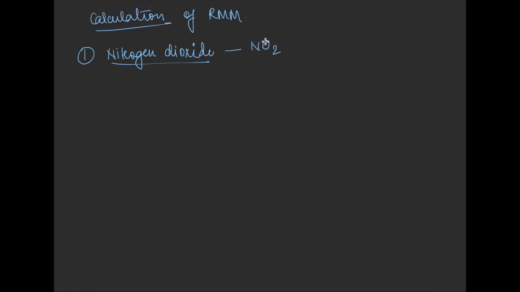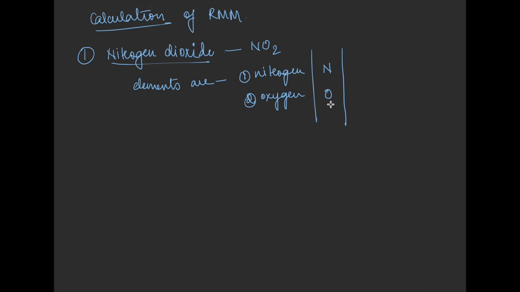What are the elements present? You have nitrogen and you have oxygen. The nitrogen symbol is capital N and the oxygen symbol is O. That's how you can identify nitrogen and oxygen. Then you need to write down, or this data would be given to you, the atomic mass of each element.